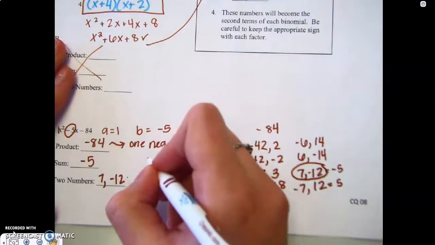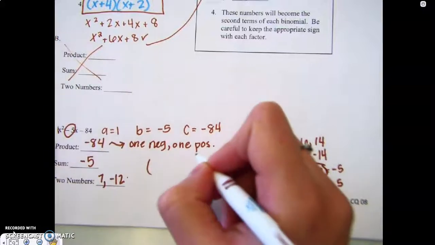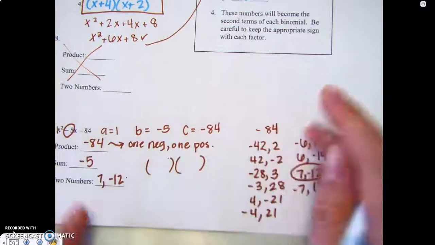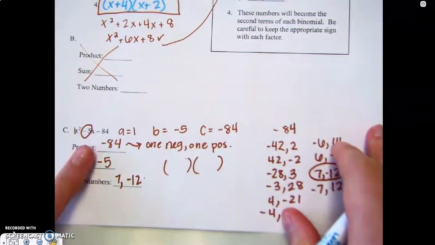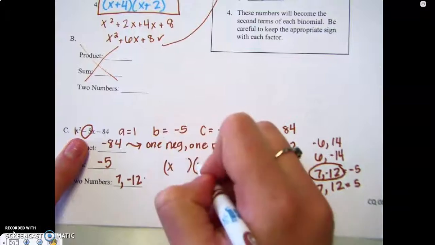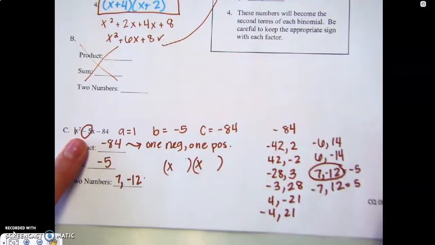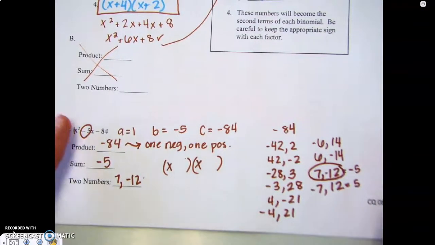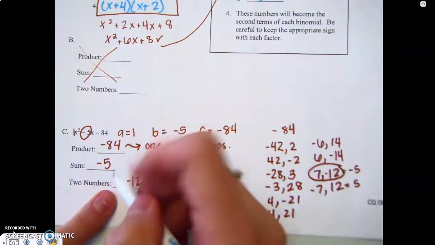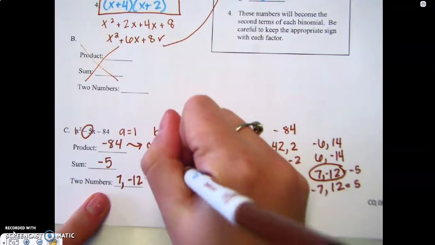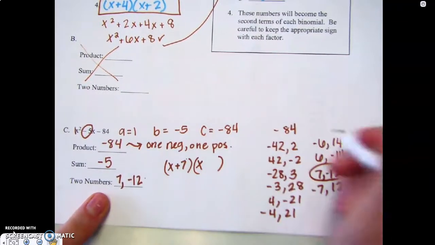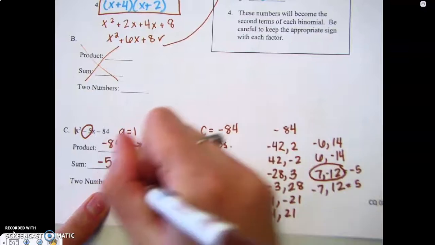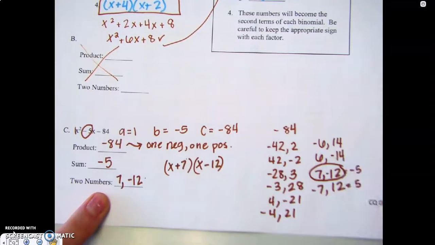So now I just have to write my answer. I need two sets of parentheses. If I want to get x squared, both of these need to be x. Then I'm just going to take these signs. This is a +7, so one parentheses will have +7, and this will be a -12, so this will have a -12 in it.